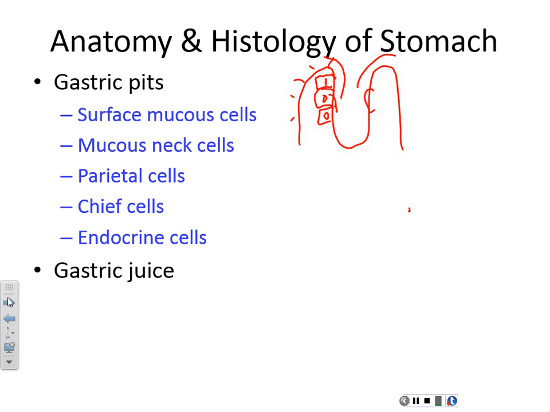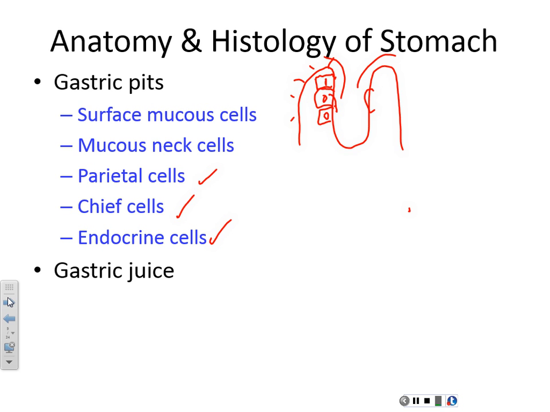Because the stomach is producing a whole bunch of hydrochloric acid from the parietal cells. Okay? What do the chief cells produce? Enzymes, right? Pepsinogen and so forth. All these enzymes are produced in inactive form, right? And then the endocrine cells, what do they produce?